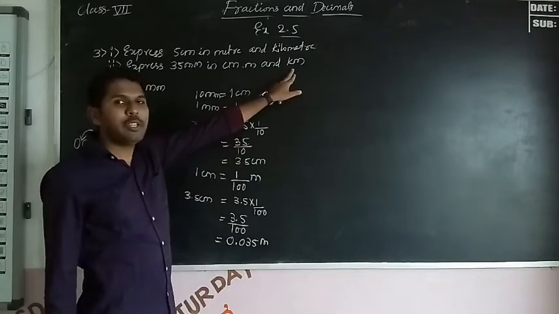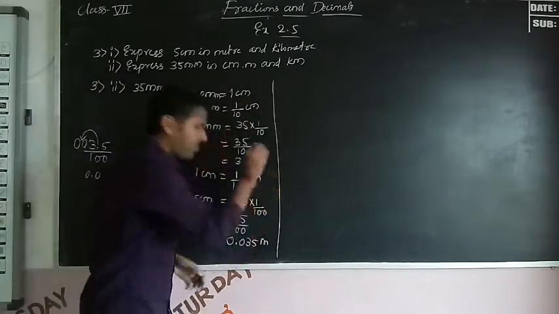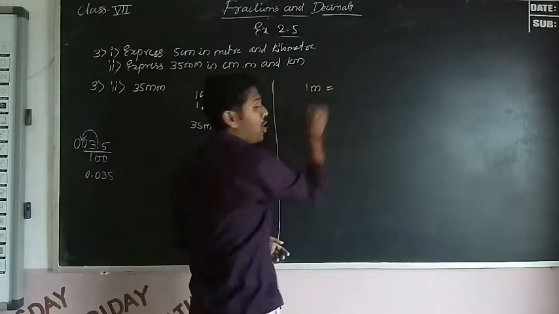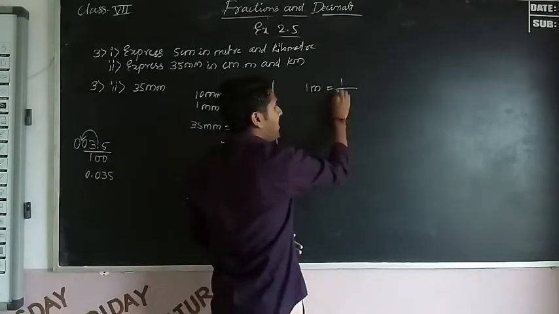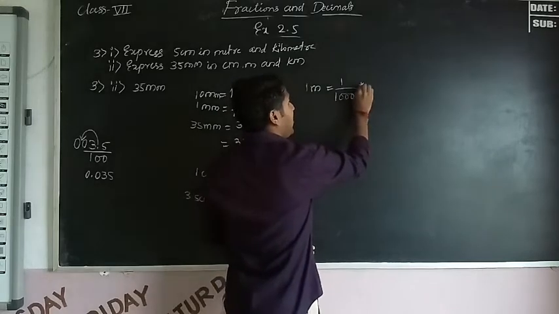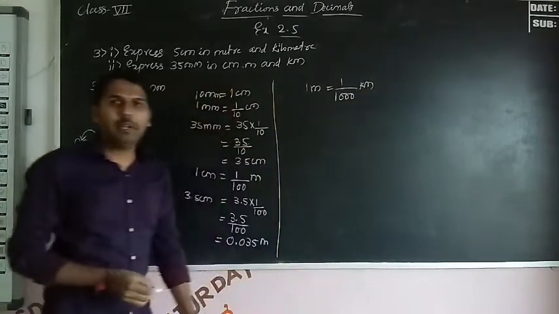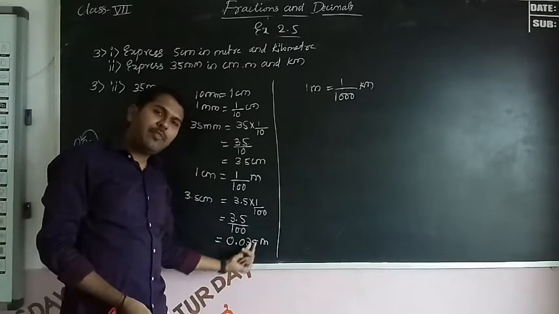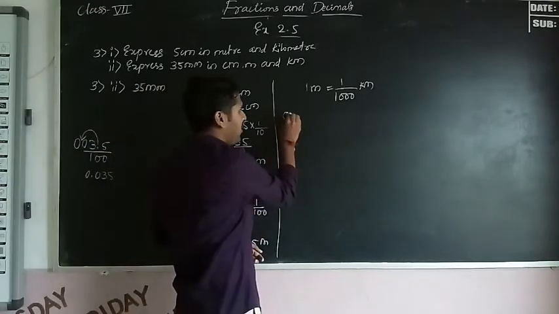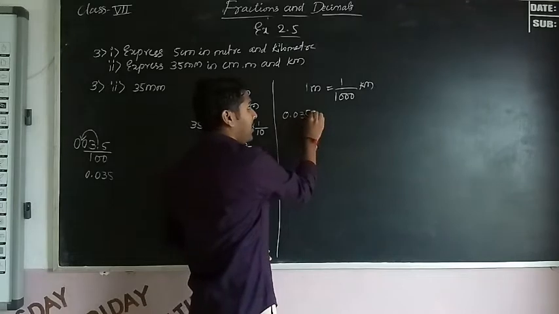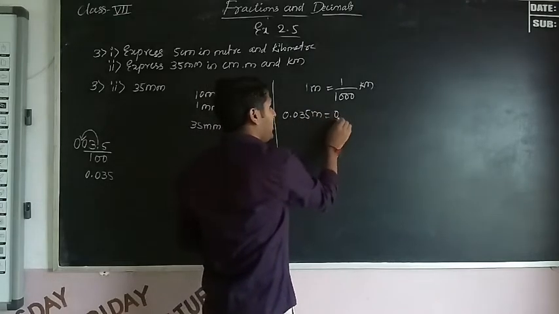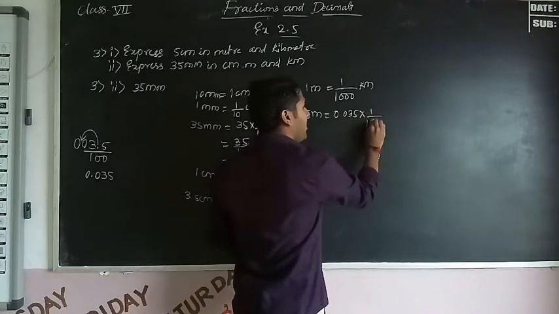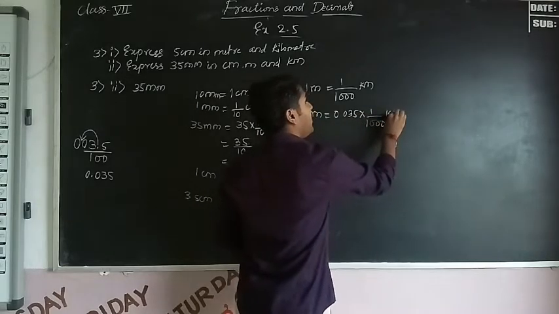Next, kilometer. Now, 1 meter equals how many kilometers? 1 by 1000 kilometer. So 1 meter equals 1 by 1000 kilometer. For 0.035 meter, just cross multiply: 0.035 into 1 by 1000 kilometer.